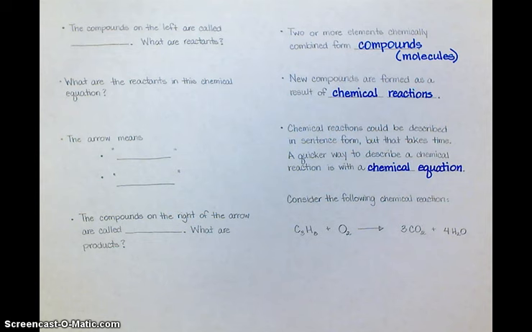The arrow in your chemical equation means yields or produces. Really, you need to think of the word yields. The compounds on the right of the arrow are called products. Products are the substances that are produced or formed during the chemical reaction.